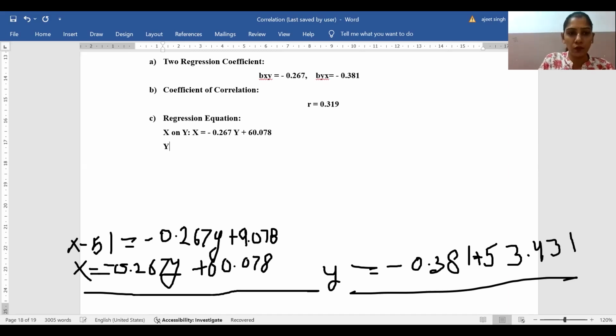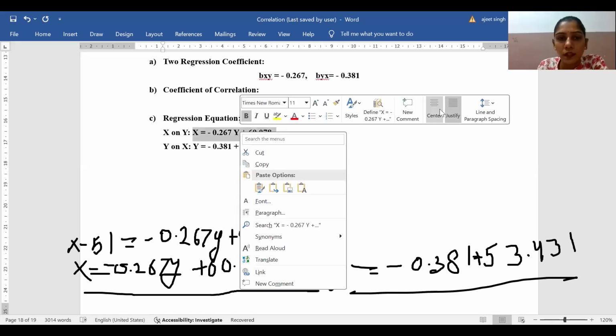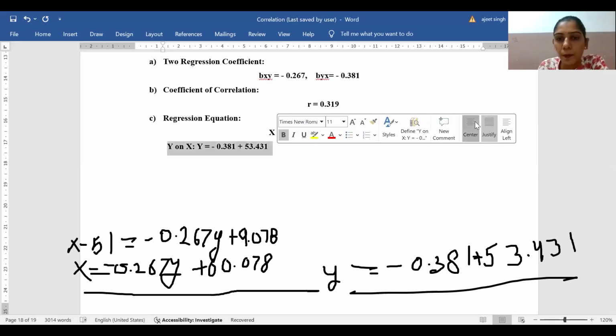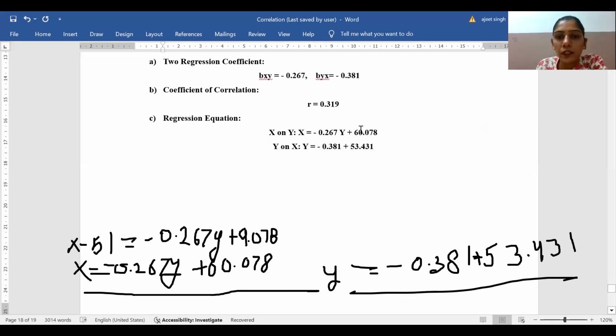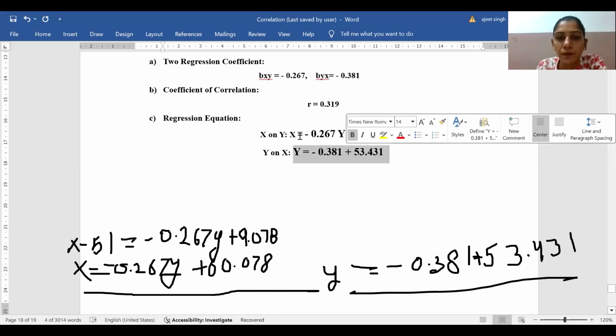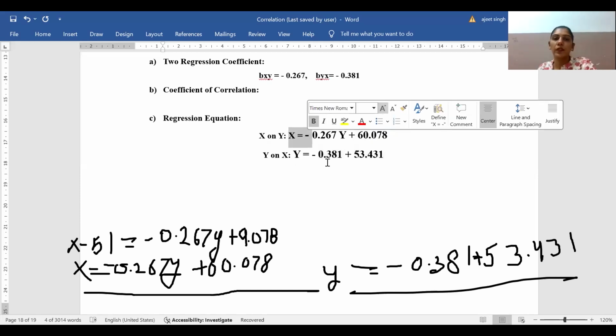Similarly, the equation for y on x is y is equal to minus 0.381x plus 53.431. So these are the regression equations.